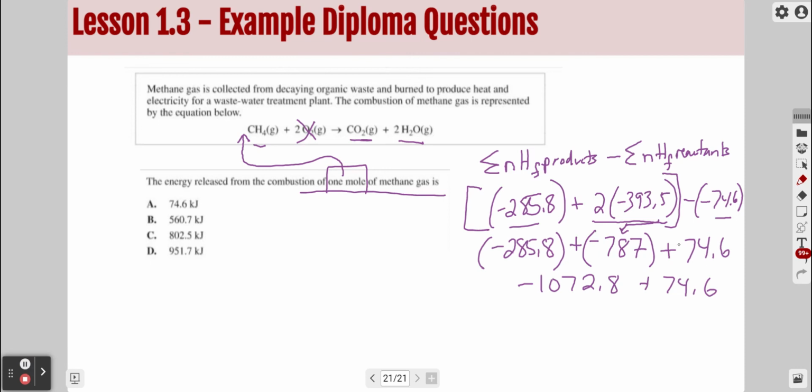I'm also going to point out that 2 negatives like that is the same as a positive. That's what I did there. But don't worry, if you didn't do that, you'll still get the same answer. So we have this, and let's just add or take away negative 74.6, and our final answer should be 998.2. Remember, the units are kilojoules, and this is exothermic. Again, that amount of energy is being released when 1 mole of methane is burnt.